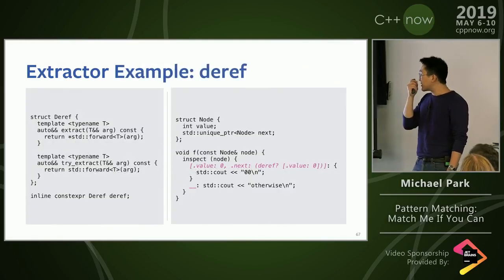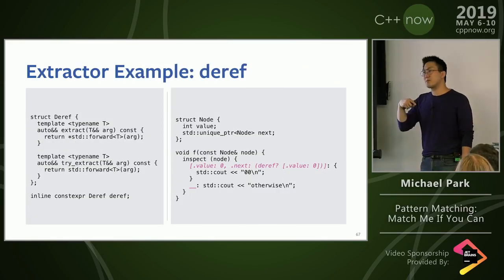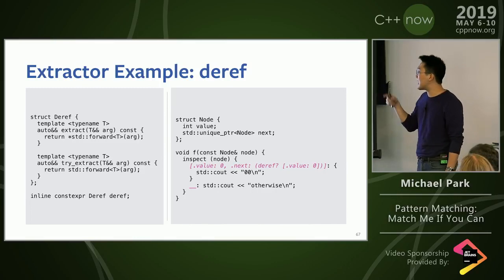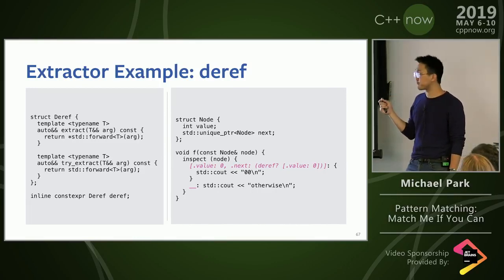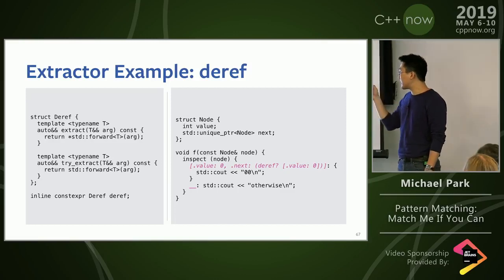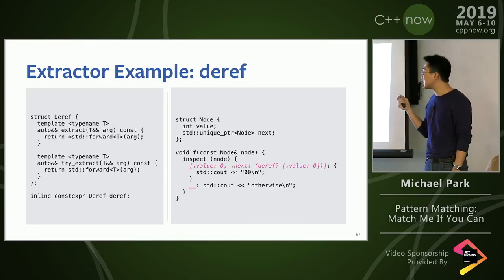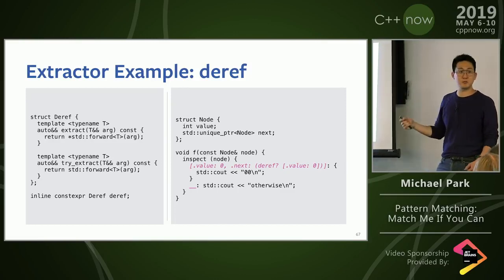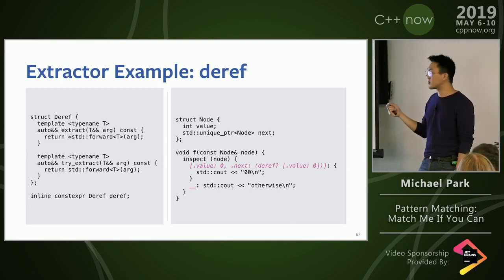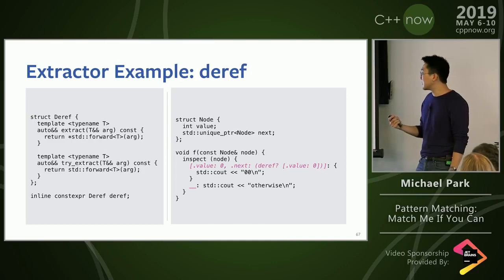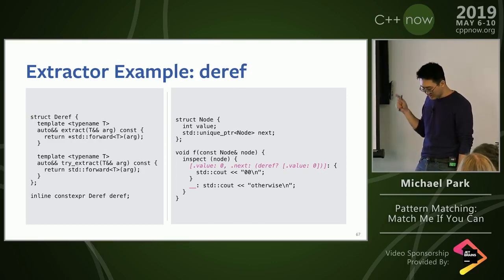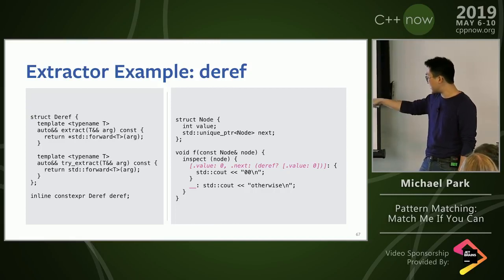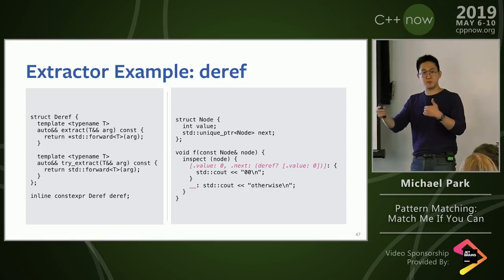Okay, so let's look at an example. The dereference pattern that we saw could actually be implemented in terms of an extractor. If you look at the Deref struct here, we have an extract function that takes a value and returns *value, and try_extract just returns the value that it got, right? If we step through this, we can construct an instance of Deref. On the right hand side here, the value in the next example.